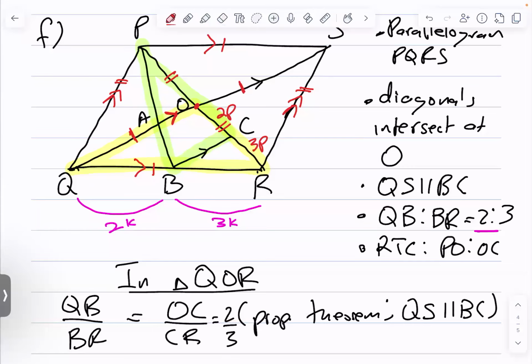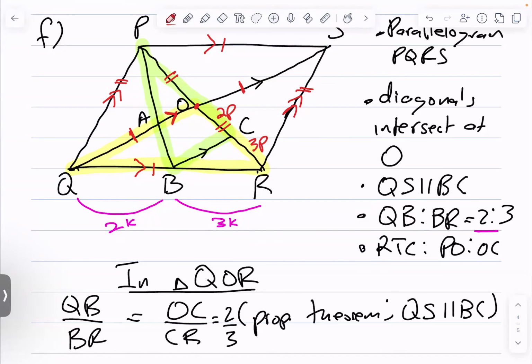Yes. And then from there I said, I don't know if I lied, but I said PO is equal to OR. You didn't lie, but we need a reason. I didn't give a reason. That's where the lie started. It is correct because the diagonals of a parallelogram bisect each other.